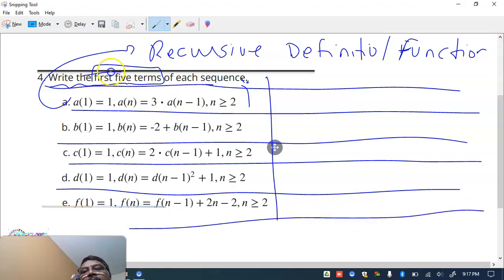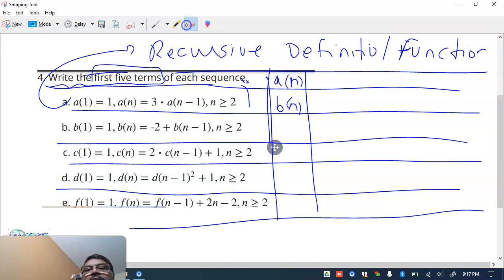And the first one, let's say this is A of n, this is B of n. Sorry, I made a mistake here. This should be step number. The first one is the step number 1, 2, 3, 4.